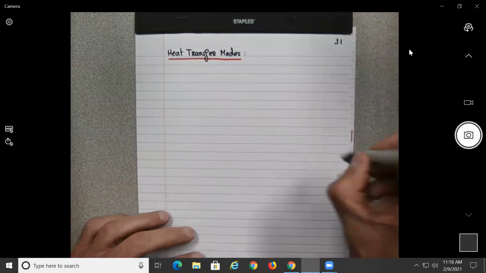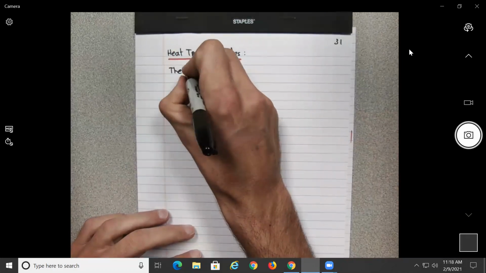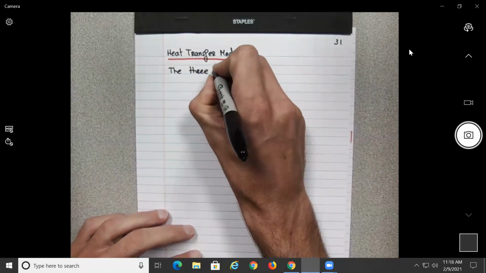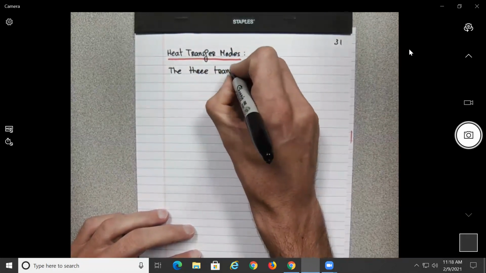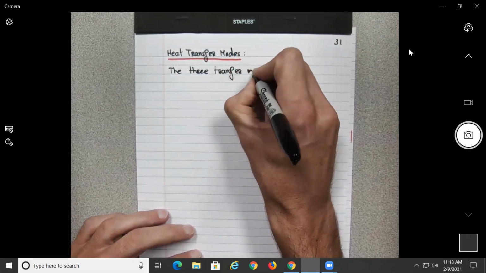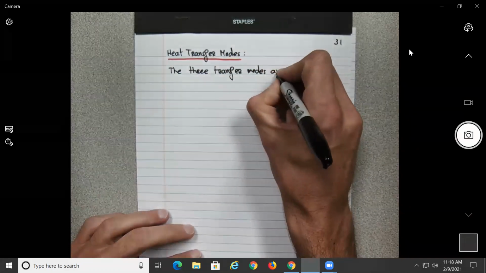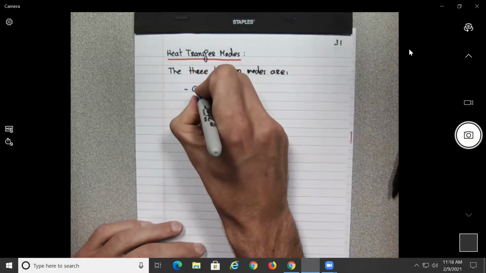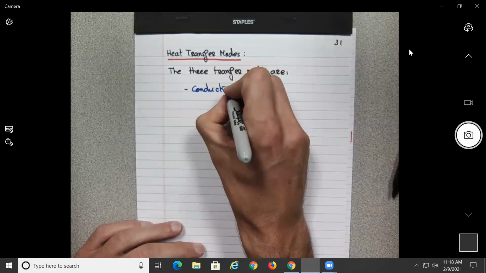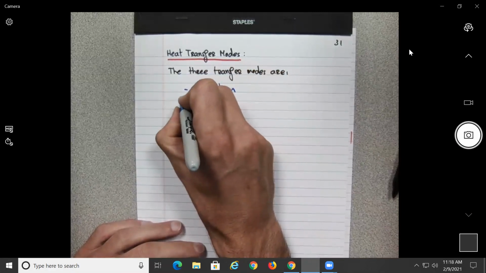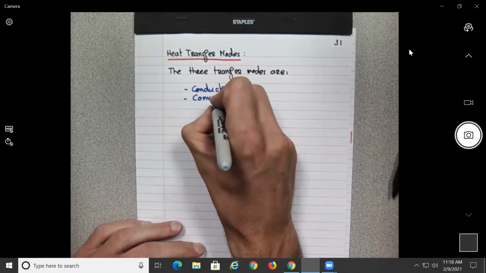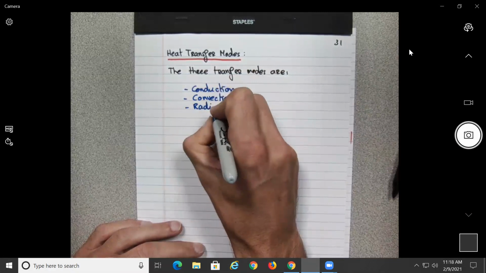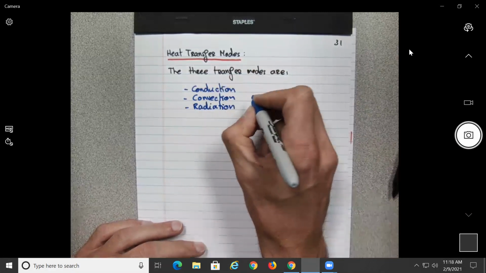So let's say the three heat transfer modes are conduction, convection, and radiation.